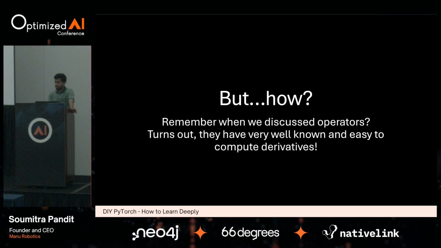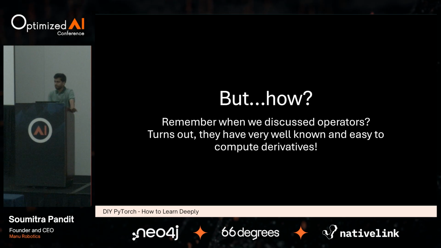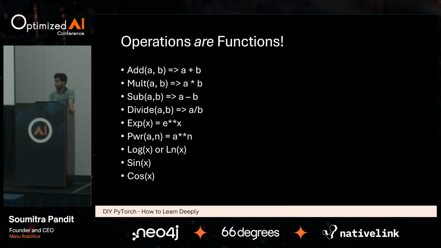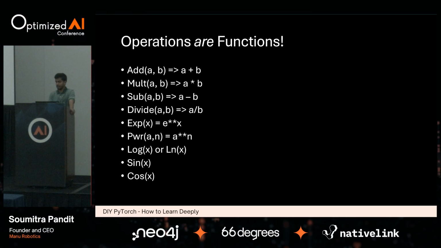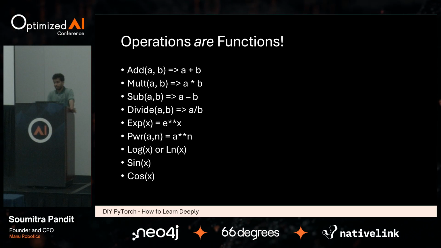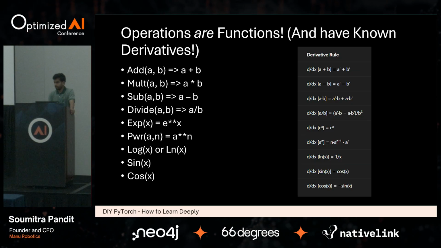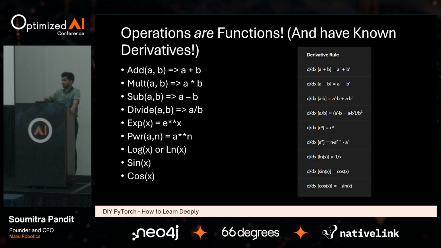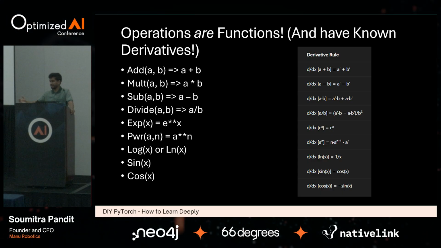Do you remember that a few slides ago, we saw these operators? Well, it turns out that we have already defined a very well-defined set of derivatives assigned to each one of these operators. And do you remember that initially we had functions only as catalysts and not really in the schematic itself?